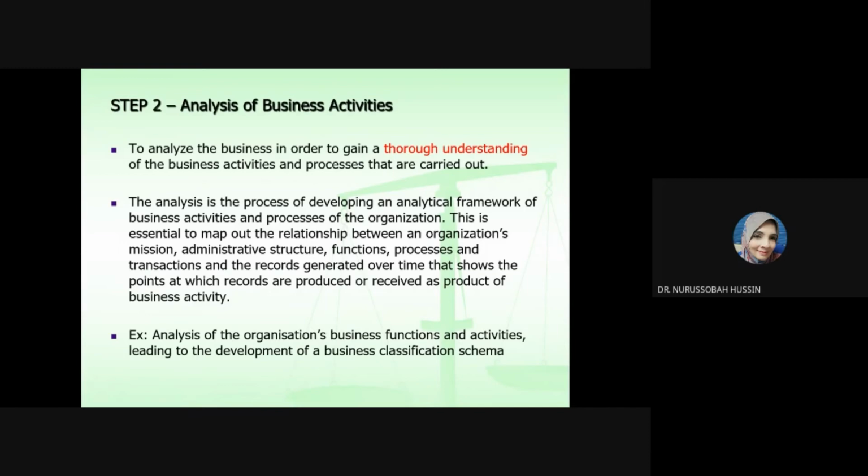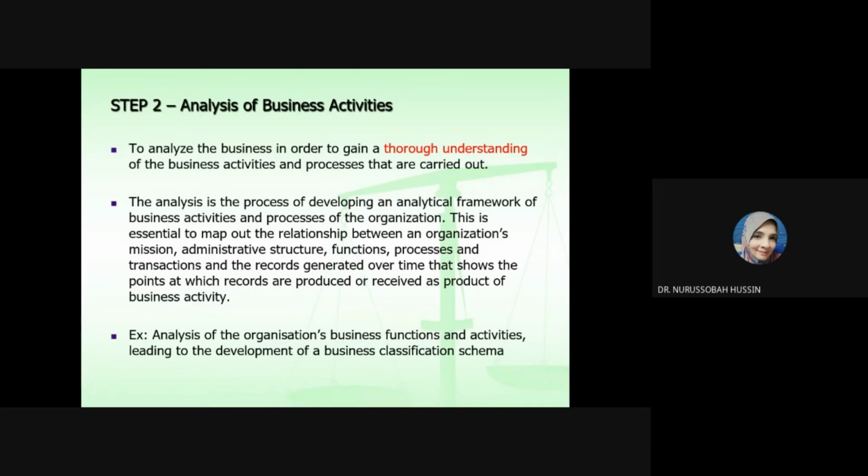Then, when we're talking about analysis of business activity, the aim is to gain a thorough understanding. For example, analysis of the organization's business function and activities leading to the development of a business classification scheme. Okay, so this is one of the examples why we need to do the business analysis.